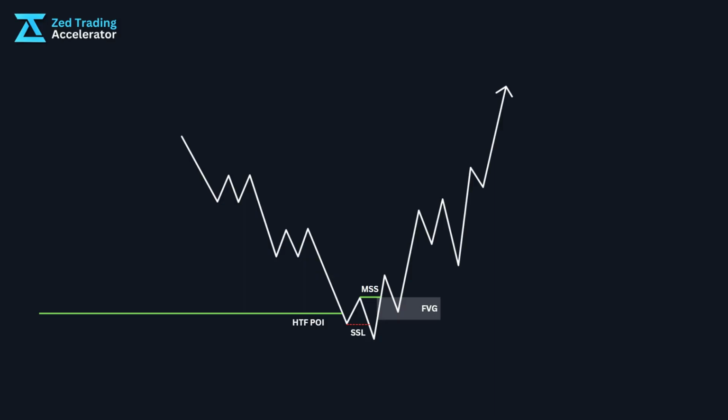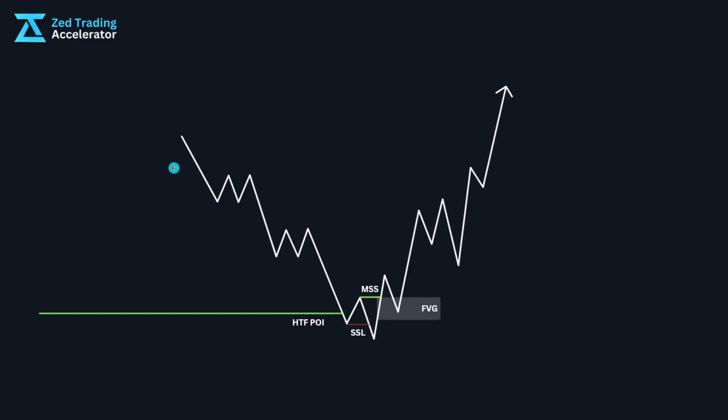That means you can use this model in any time frame that you want: 1 minute, 5 minutes, 15 minutes, 1 hour, 4 hours. Like I said, this is basically a large scale Judas swing.